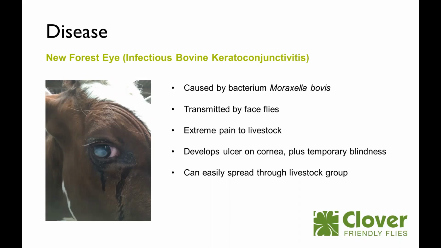For instance, you've got New Forest eye, which is caused by Moraxella bovis, and that's transmitted by face flies. So obviously that's an extremely painful condition, can cause serious problems, and potentially they can lose the eyes as well. So it's a big welfare issue. And if there's a big fly population on your farm, that can quickly spread through a group.